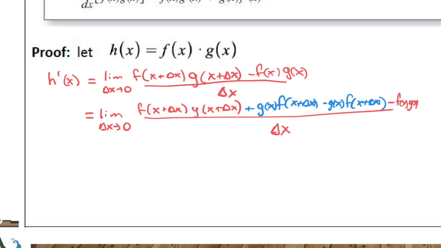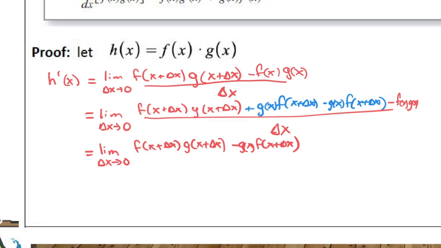Essentially, we have added nothing. And simplifying or rearranging the problem leaves us with a limit as delta x goes to 0. We're going to group this time the terms f of x plus delta x times g of x plus delta x with minus g of x f of x plus delta x.